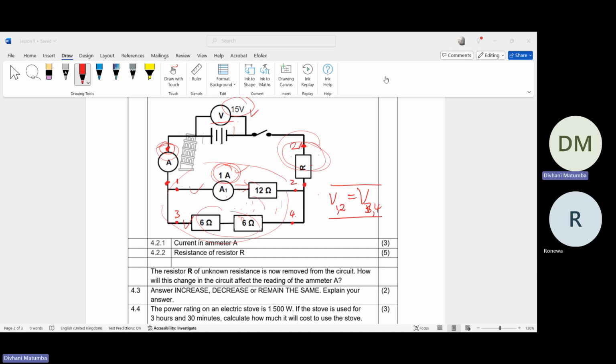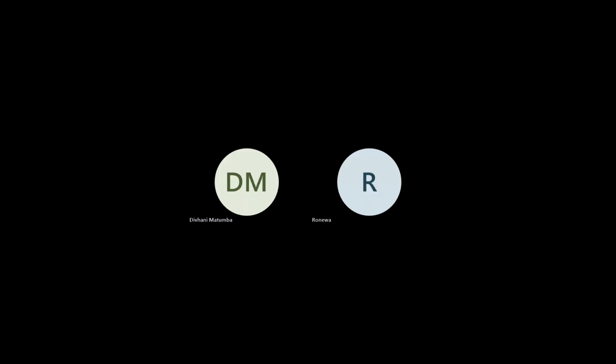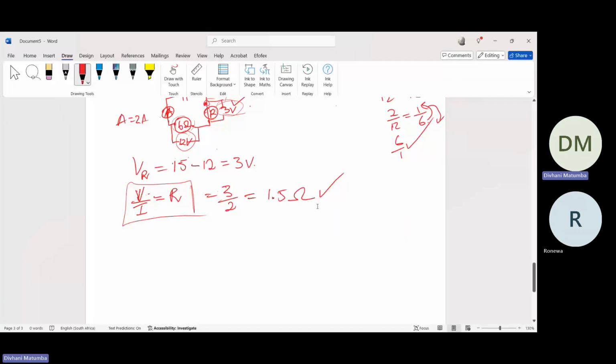Let me see where the problem is. Let me change and try to share this one. Can you see this one? So maybe it's me. Let me see if I can rejoin.